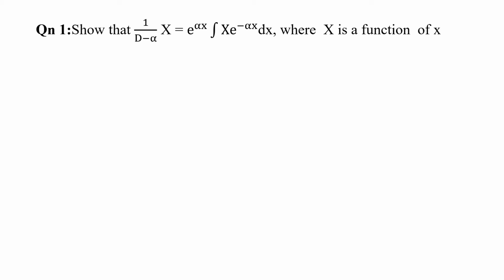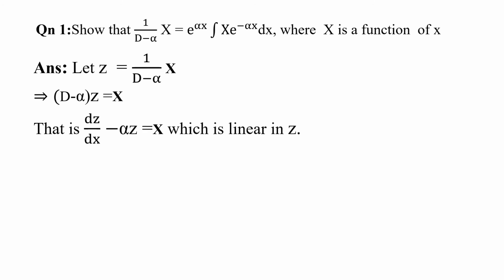Answer: let us take Z = 1/(D minus alpha) X. Now cross multiply Z and (D minus alpha) to get (D minus alpha) Z = X. Now D means d/dx, so we get dz/dx minus alpha z = X, which is a linear differential equation in z.